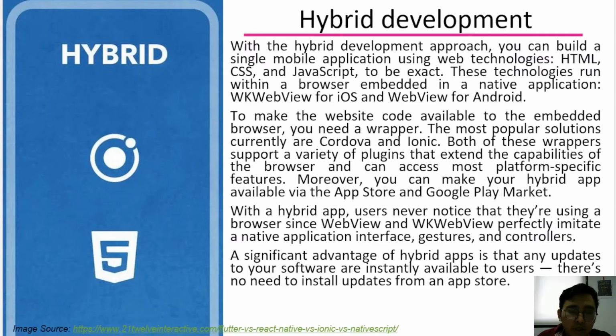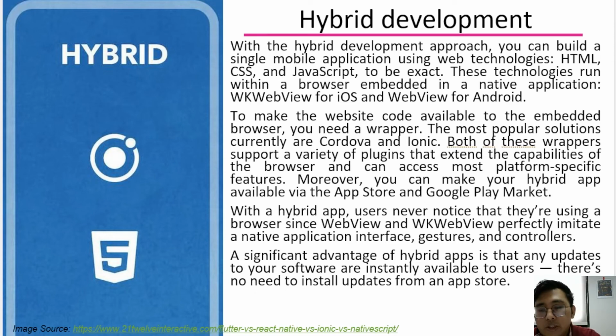So for the hybrid development approach, you can build a single mobile application using web technologies, the triangle of code, which is HTML, CSS, and JavaScript to be exact. These technologies run within a browser component, such as WKWebView for iOS and WebView for Android.